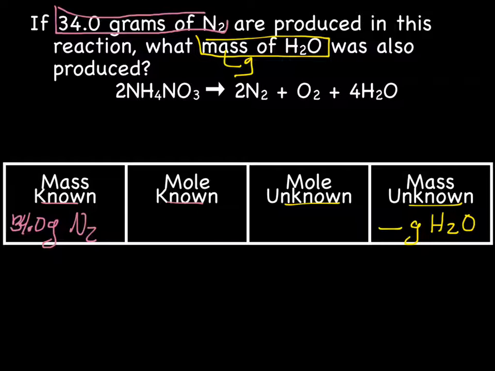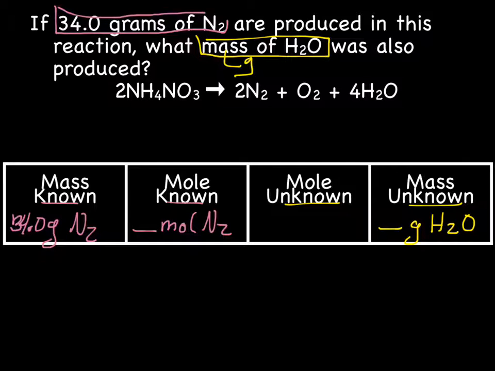Unfortunately, we can't jump straight from mass known to mass unknown. So we need to fill in the rest of our map. The next box after mass known is mole known. So it's going to be blank mole, and our known is still N2. Our known is our known is our known. It never changes. Okay? If the known is N2, it's N2.